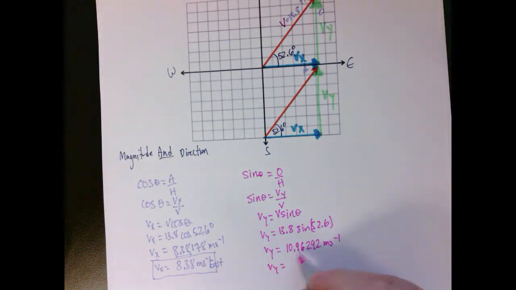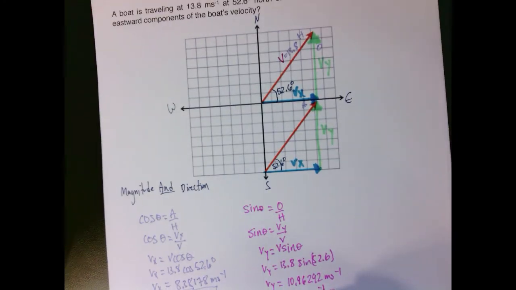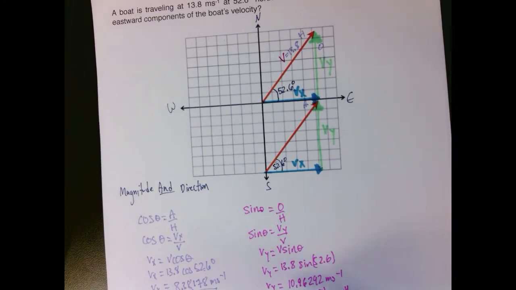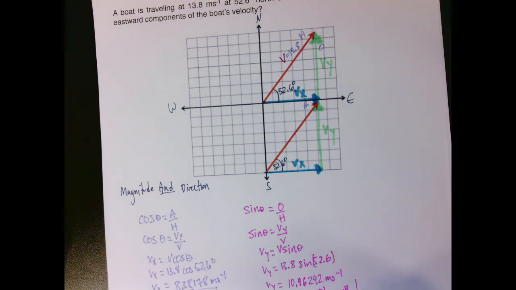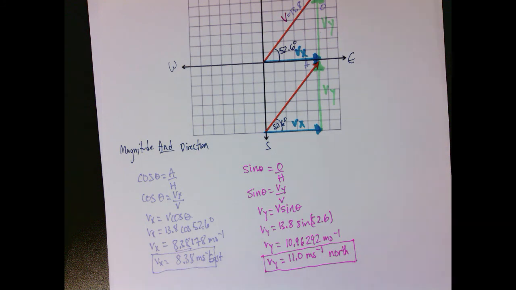So we're looking at 10.9, the 6 causes that to round up, so we're looking at 11.0 meters per second, and it's Vy, that's north. Those are the components: the magnitude and the direction of the velocity in this particular case.